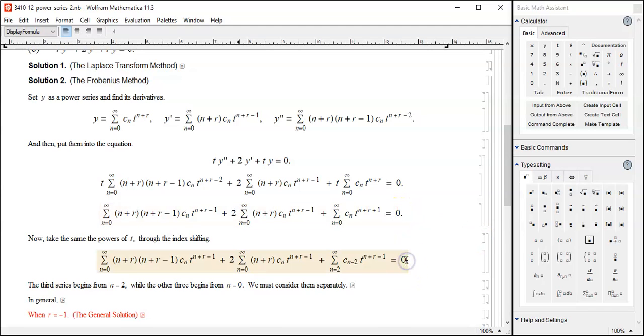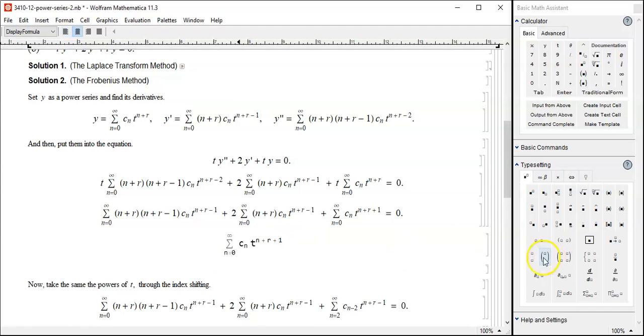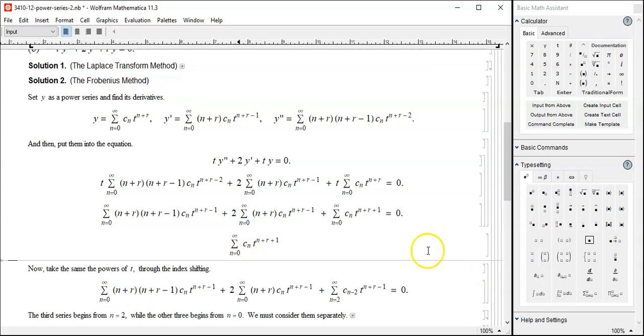Pretend you don't see the answer. We want to get the same n plus r minus 1, so we need n minus 2 here, so that all these simplify into n plus r minus 1.